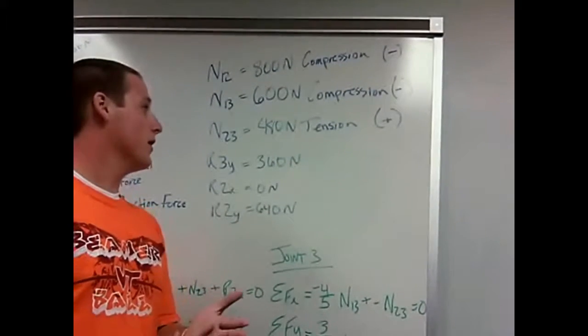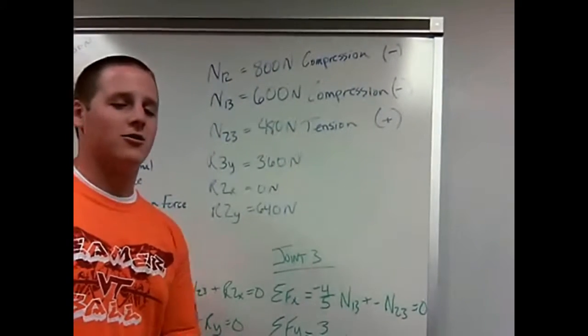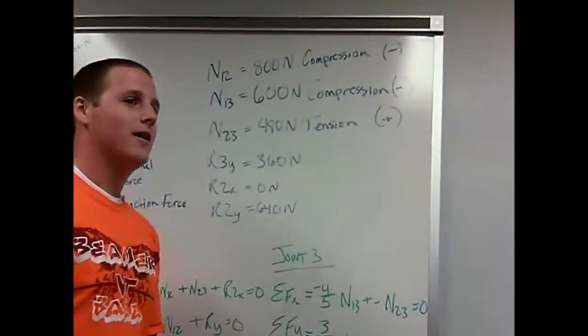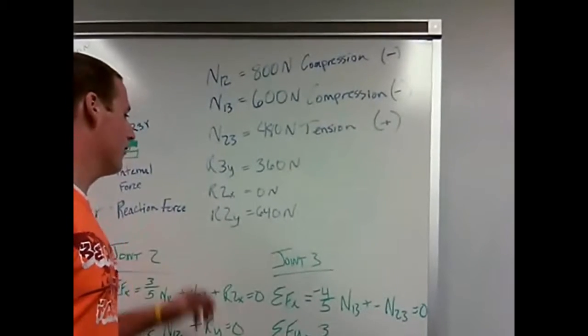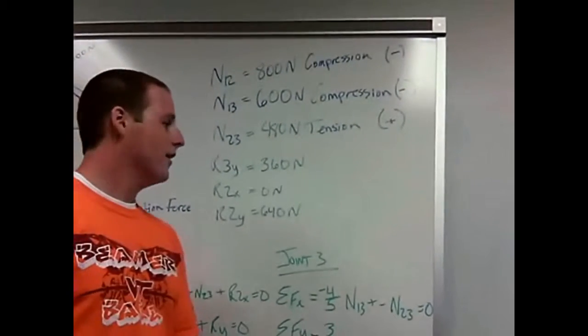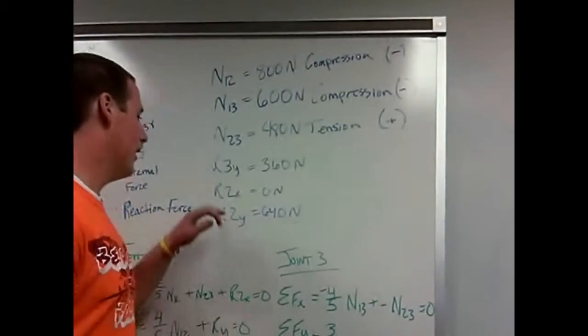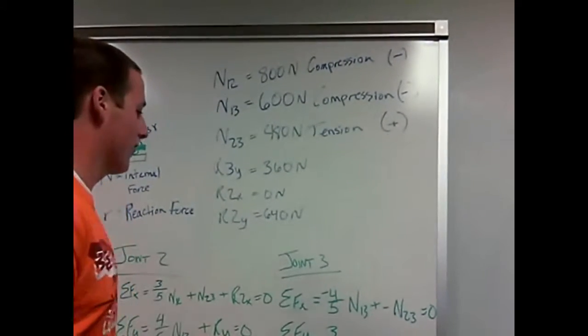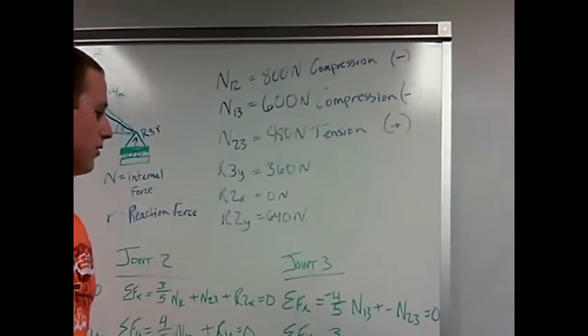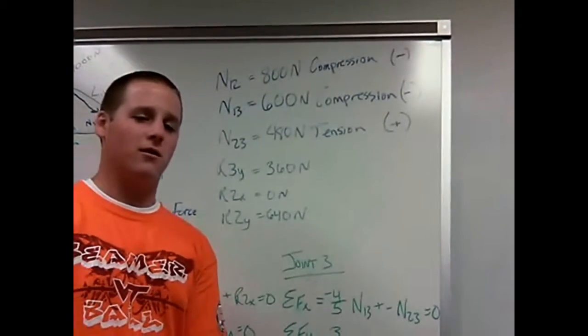Between joints 2 and 3, we had 480 newtons of tension, which basically is the opposite of compression. Our reaction forces were, on joint 3 in the y direction, 360 newtons. Joint 2 in the x direction, we had 0 newtons. And joint 2 in the y direction, we had 640 newtons.